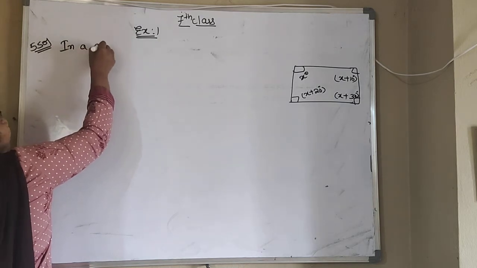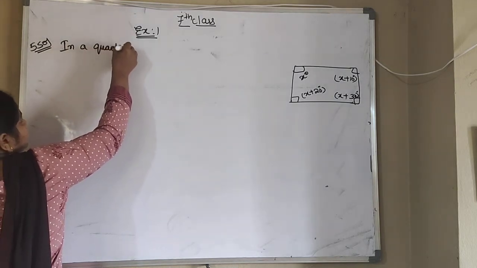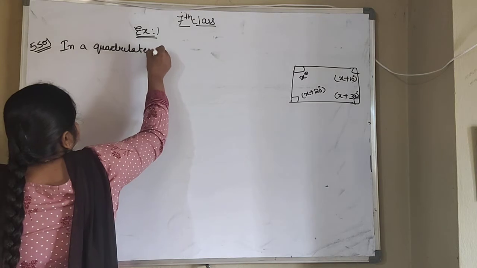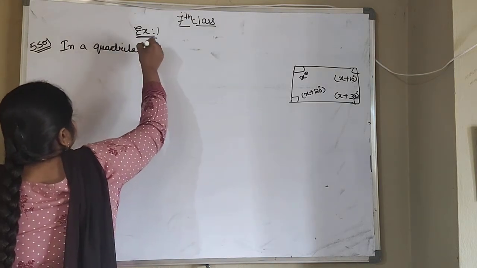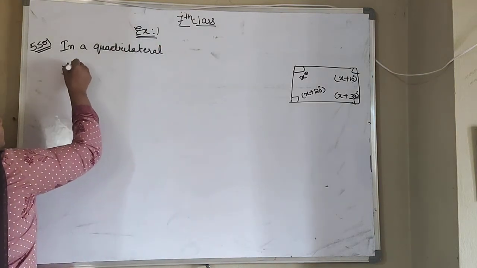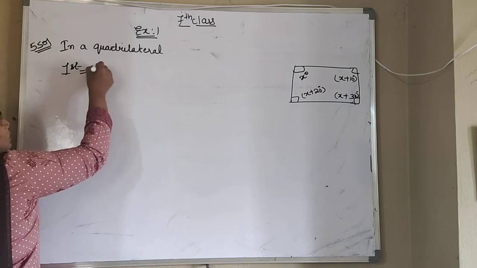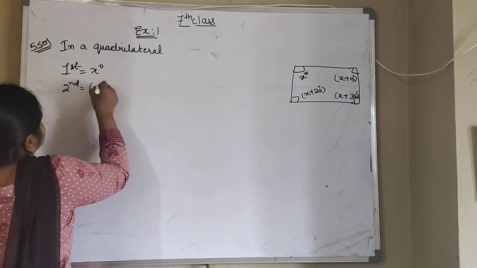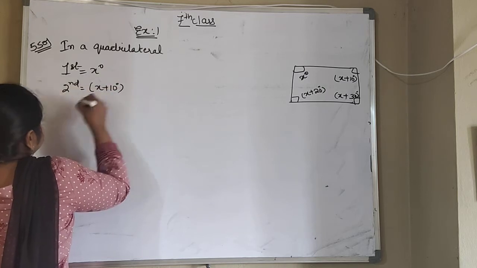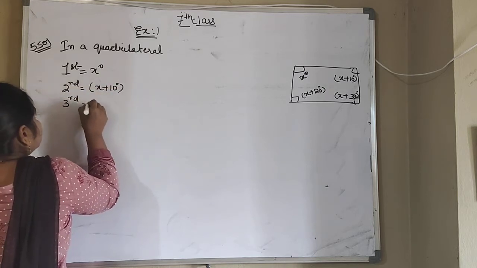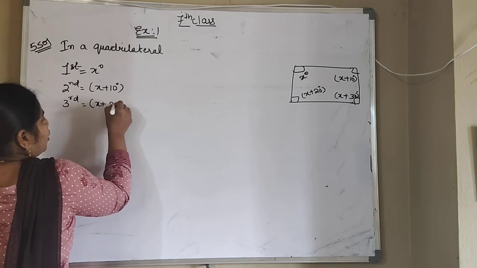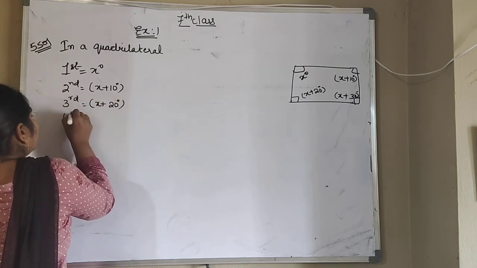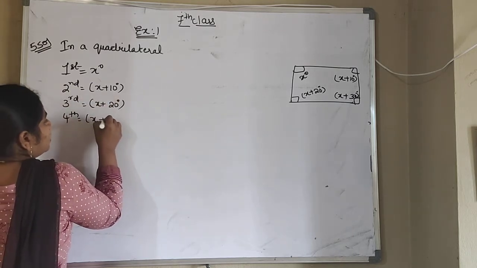In a quadrilateral, first angle they have given as x degrees, second angle x plus 10 degrees, third angle x plus 20 degrees and fourth angle x plus 30 degrees.